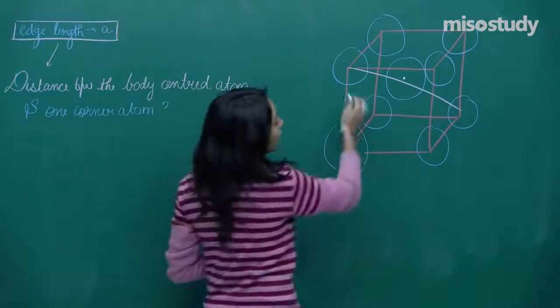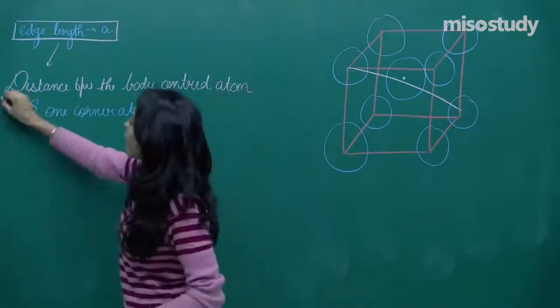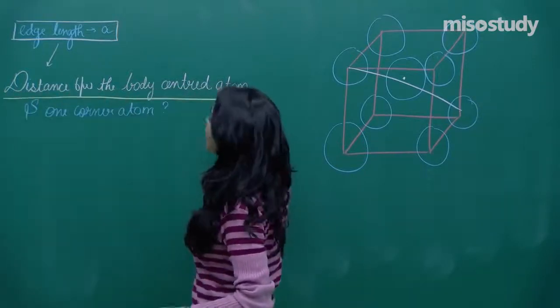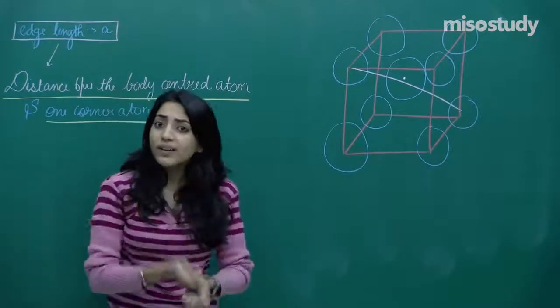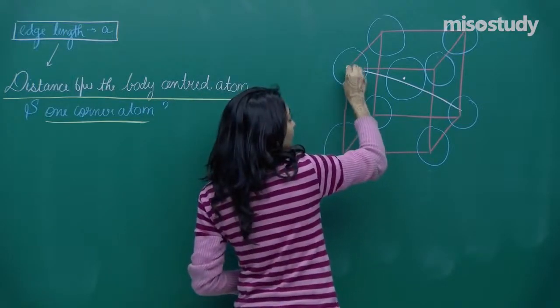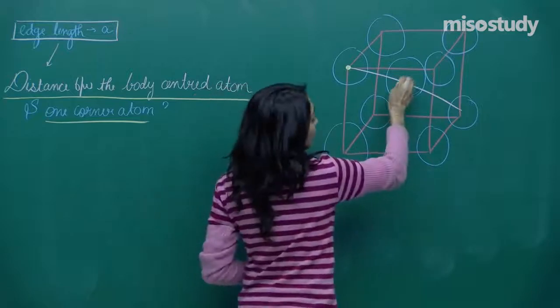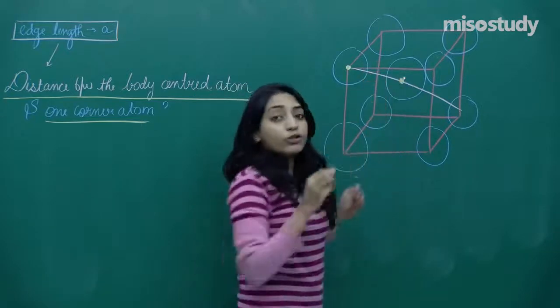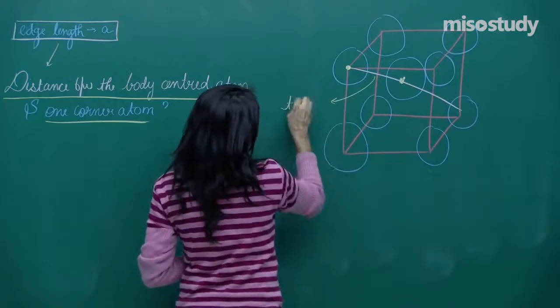And when they are touching each other, listen to the statement. He said what should be the distance between the body centered atom and one corner atom. But they are touching, right? So when they are touching, don't you think I should simply consider this particular center and this particular center? I didn't show it in the figure, but they actually touch each other.